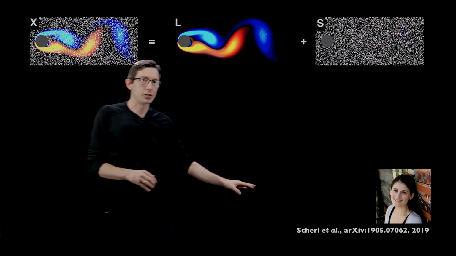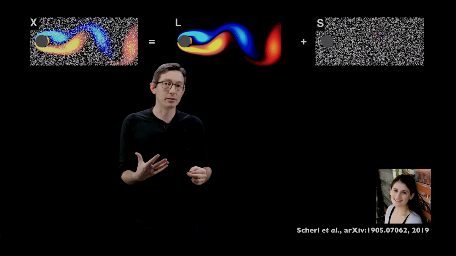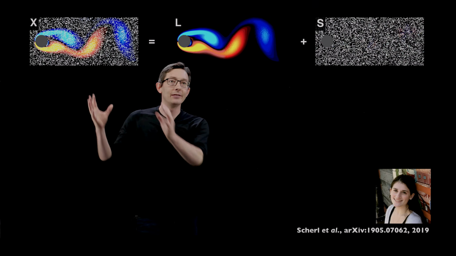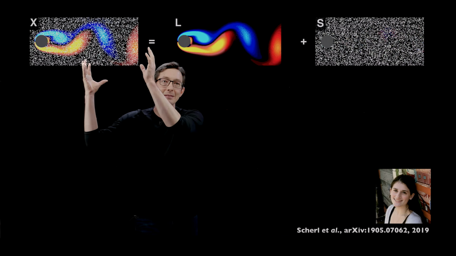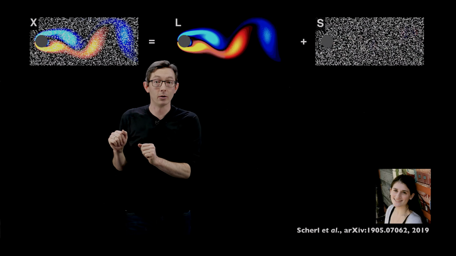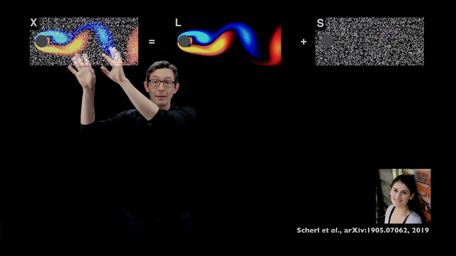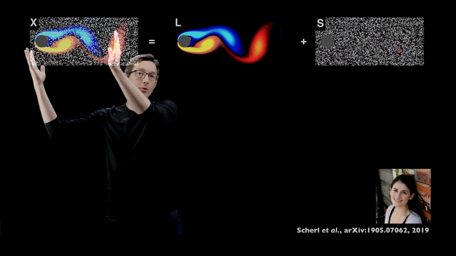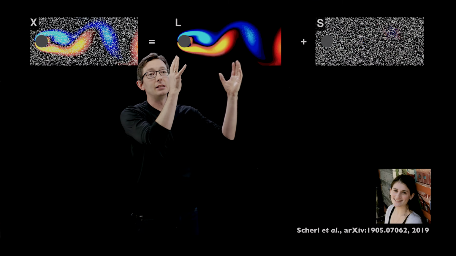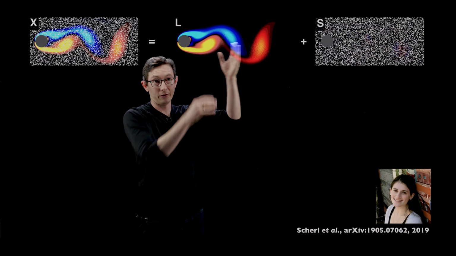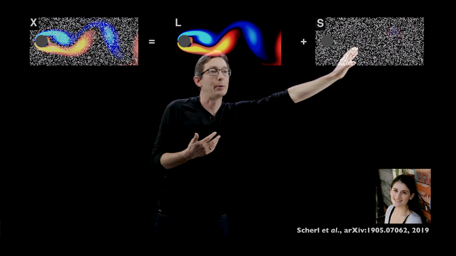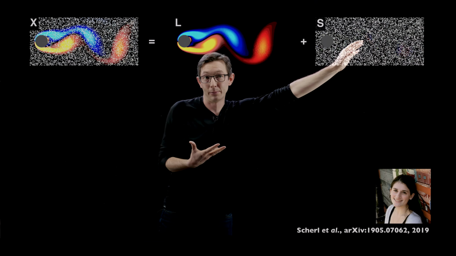What Isabel Scherl has shown, so Isabel is a graduate student working with Brian Palagi and me, is that even if your fluid flow data is massively corrupted with salt and pepper corruption, you can use robust principal components analysis to decompose that into a low rank fluid, which is the cleaned version of the fluid, and a sparse matrix of all of the outliers and corruption.